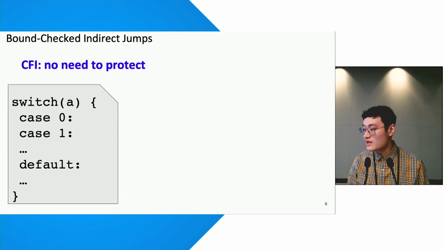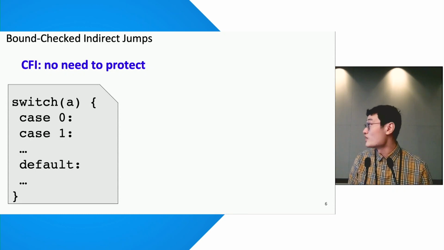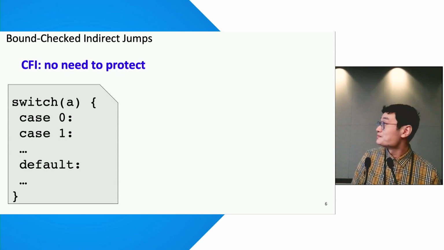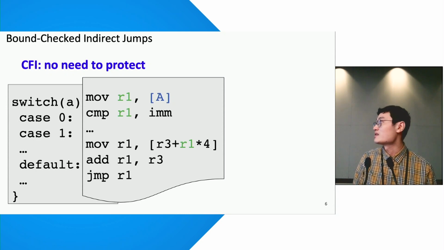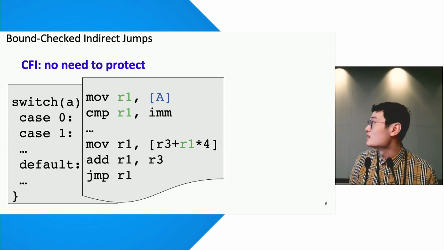The next concept is bound-checked indirect jumps. From the perspective of CFI, we assume the compiler to be secure and expect it will generate a bound-checked indirect jump like this.